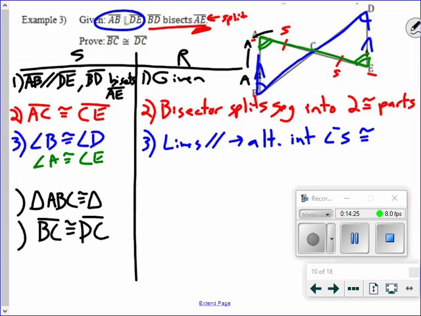So if I did that, I would have an angle, angle, side, okay?